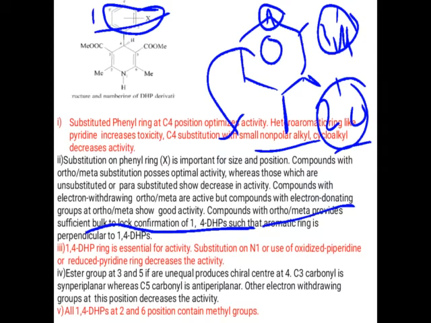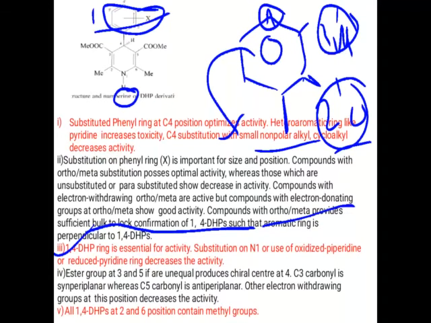Next part, third point: the 1,4 dihydropyridine ring is essential for the activity. If there is substitution on N1, so N1 has a hydrogen here, and if we remove the hydrogen and make some other substitution, or an oxidized piperidine ring or reduced pyridine ring, it will decrease the activity. So if both double bonds are removed, or one double bond is removed, or the hydrogen is removed and CH3 or some other substitution is made, everything decreases the activity.